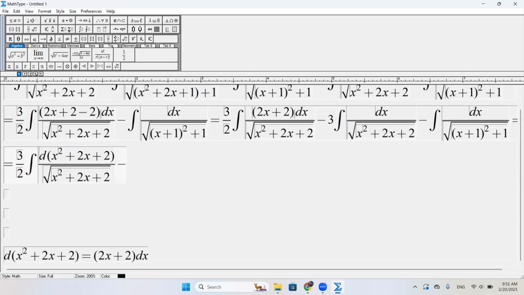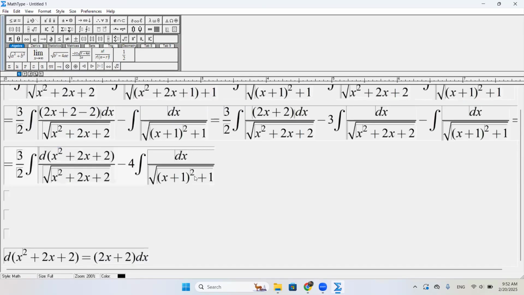And what about this? So minus 4, yeah, these expressions are equal. These integrals, and this is basically the differential of this expression, x plus 1, so nothing changes, as I explained before.